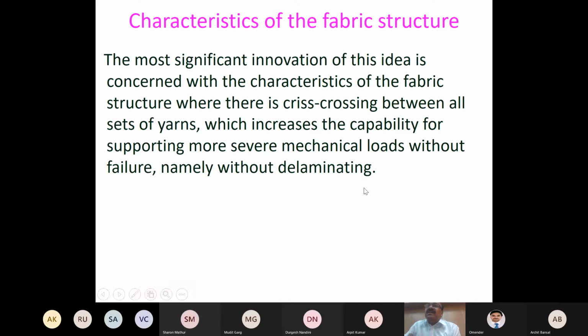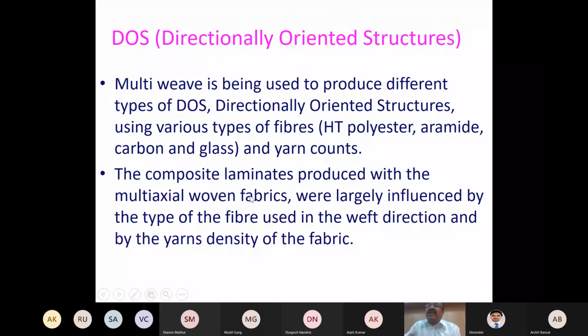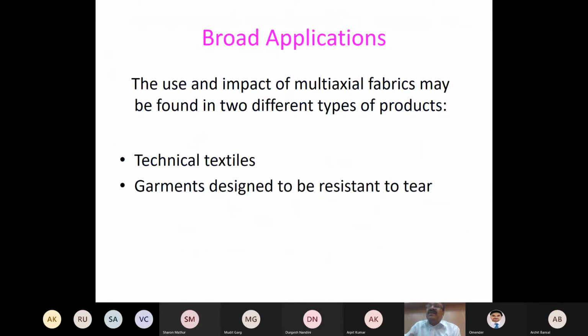Okay, and this crisscross I have already discussed, but I want to show you one more advantage of this fabric, that's called tearing strength. This fabric is used in the garment apparel sector, particularly when a garment needs to have high resistance to tear.